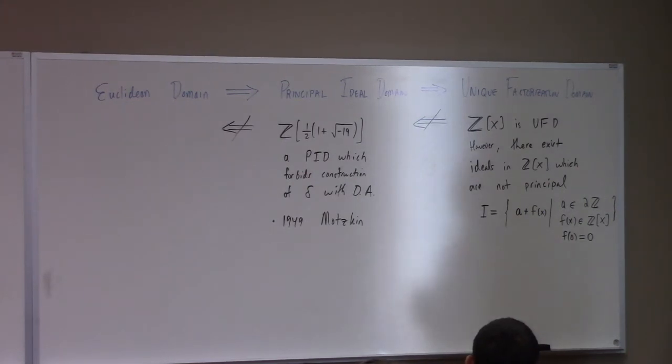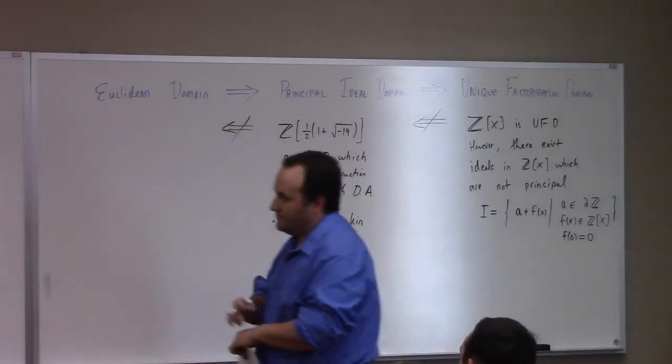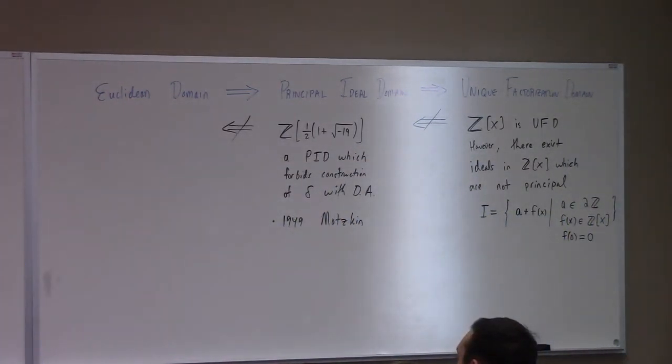So that's kind of the big last hurrah in this course in terms of theory. There are a few more things I want to tell you, but that's one of the big ones. So now I'm going to turn to looking at some applications of abstract algebra.